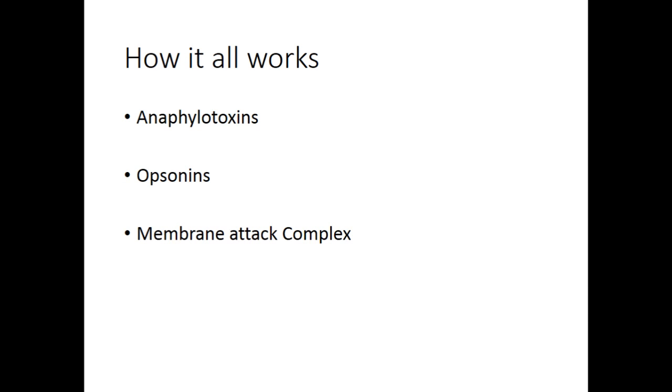Now, how does it all work? Once complements get activated, they can act as anaphylatoxins, act as opsonins, or form membrane attack complexes. What is an anaphylatoxin? It can recruit neutrophils and other inflammatory cells, and it can cause leakage of blood vessels by increasing their permeability.